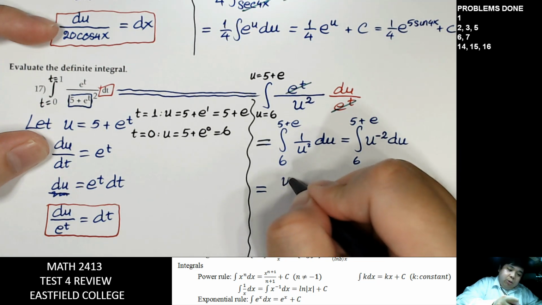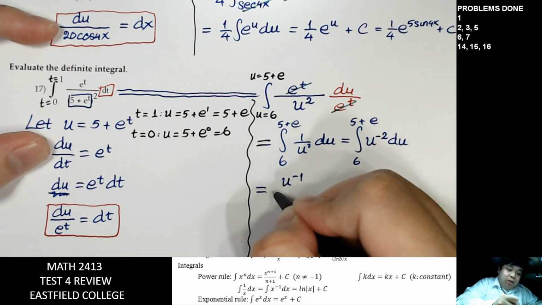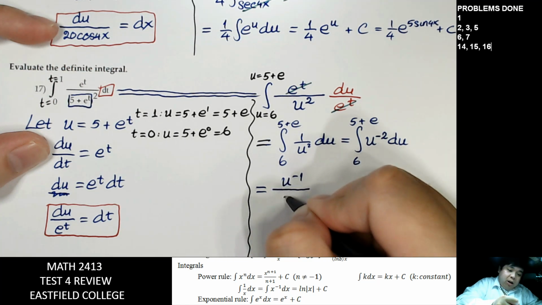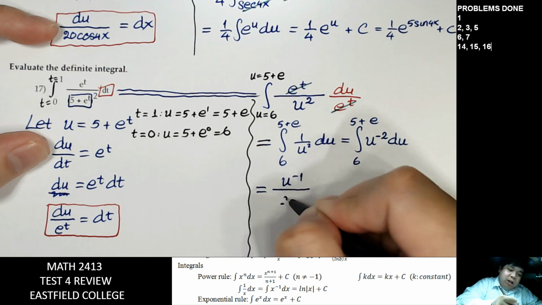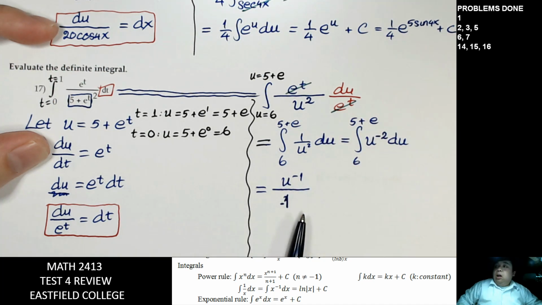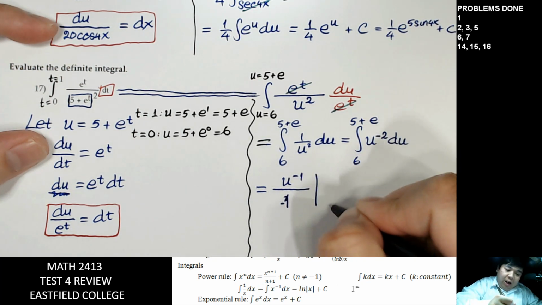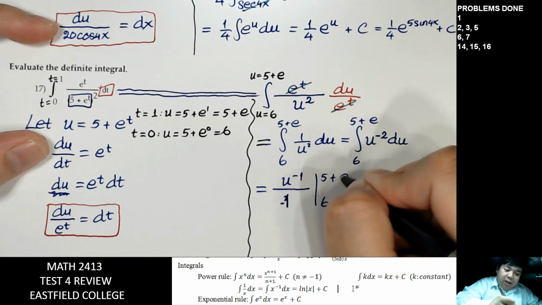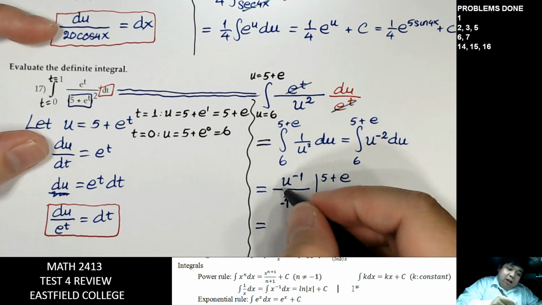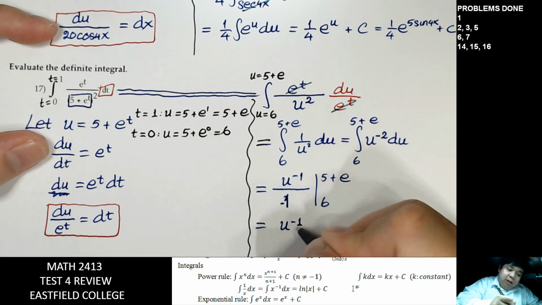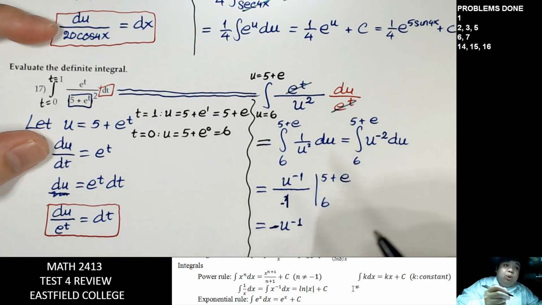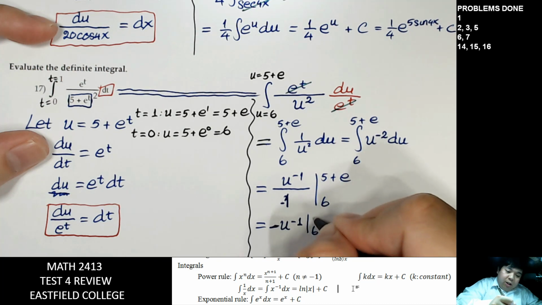So we're going to have u to the negative 1, increase the power by 1, and divided by the same thing as the power, which is negative 1. So that's just the power rule. Unless, of course, the power is negative 1, then we have to use the ln. Goes from 6 to 5 plus e. This is just negative u to the negative 1 from 6 to 5 plus e.